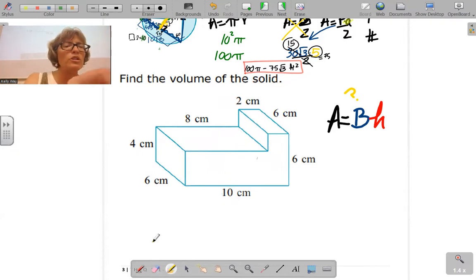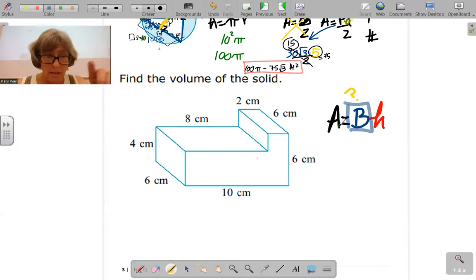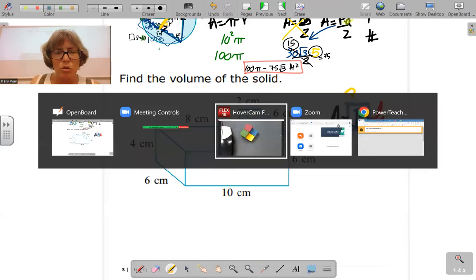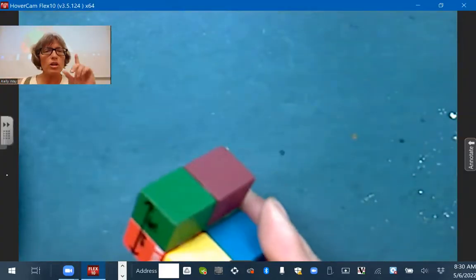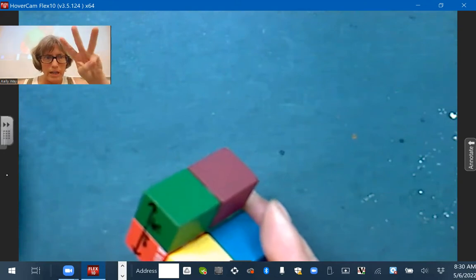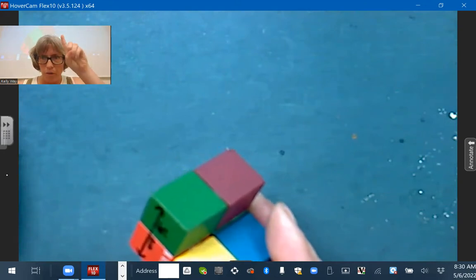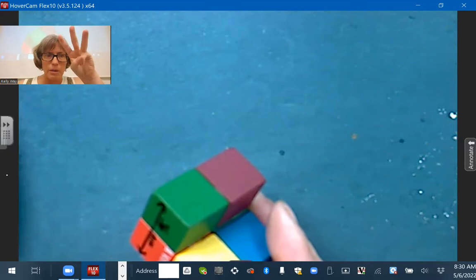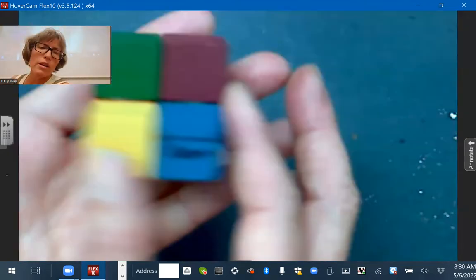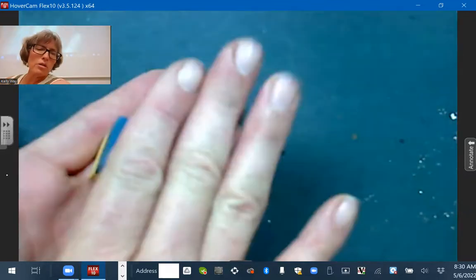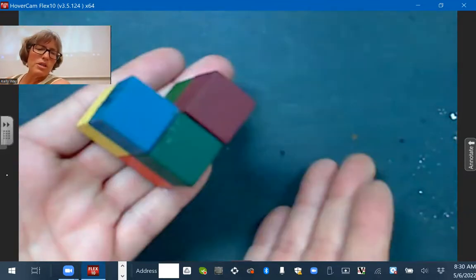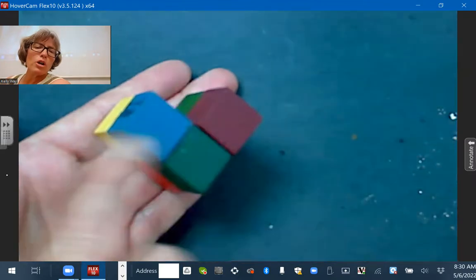And so the only question we have to ask ourselves is, where on earth is the base? Back to here. Remember, bases are congruent, parallel, connected by rectangles. Two of them, congruent, parallel, connected by rectangles. So remember this solid? The base here was these two L's. And the reason why is the L's are congruent.